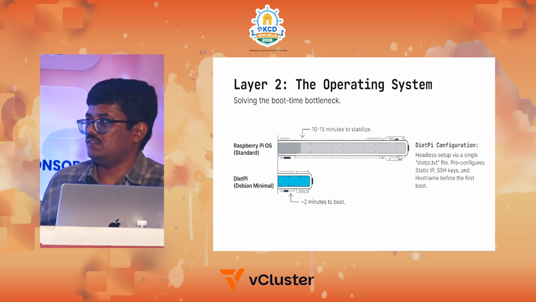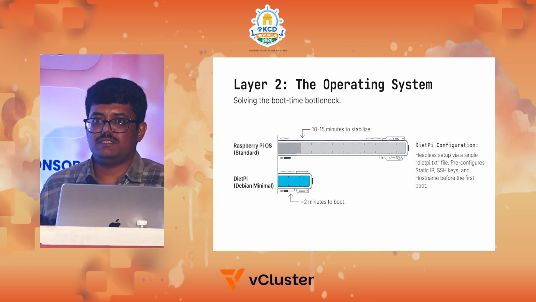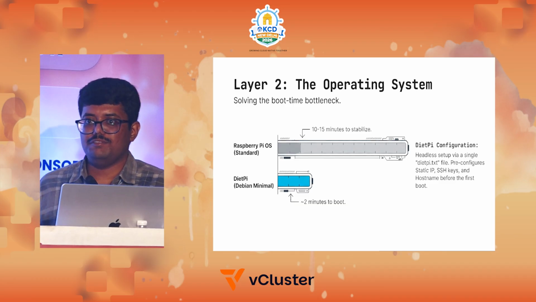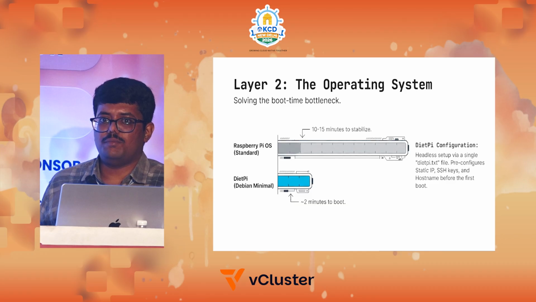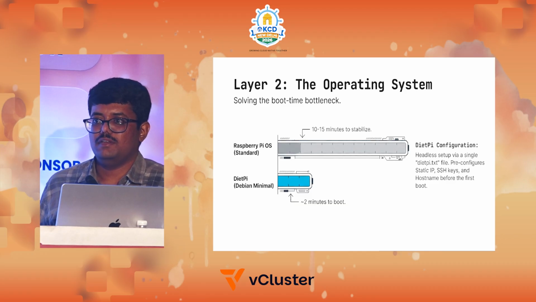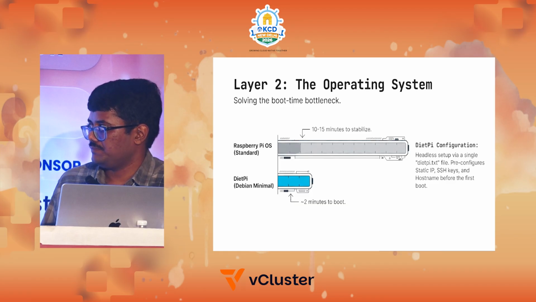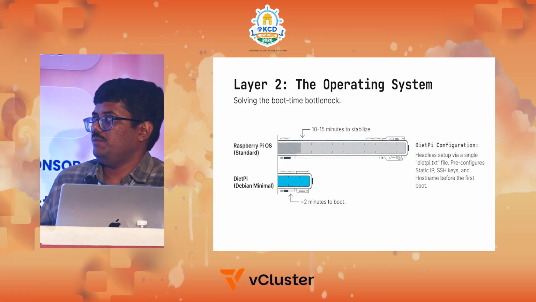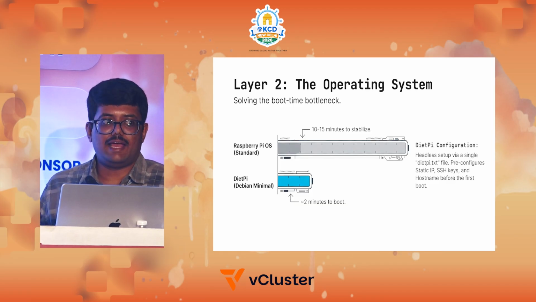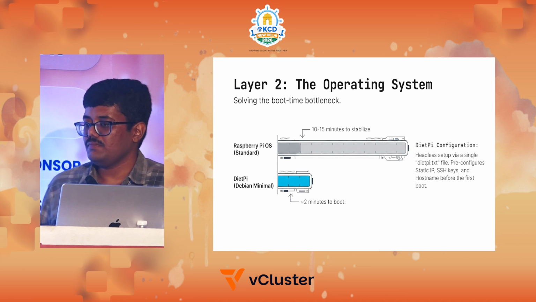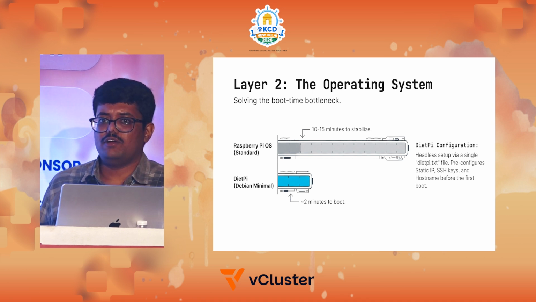So I went with something called DietPi, which is another Linux operating system that I'm using. It's nothing but your plain old Debian with all the extra components stripped out, and just some utility scripts to help me with various configuration. The beauty of DietPi is that I get to have all the configuration as headless.